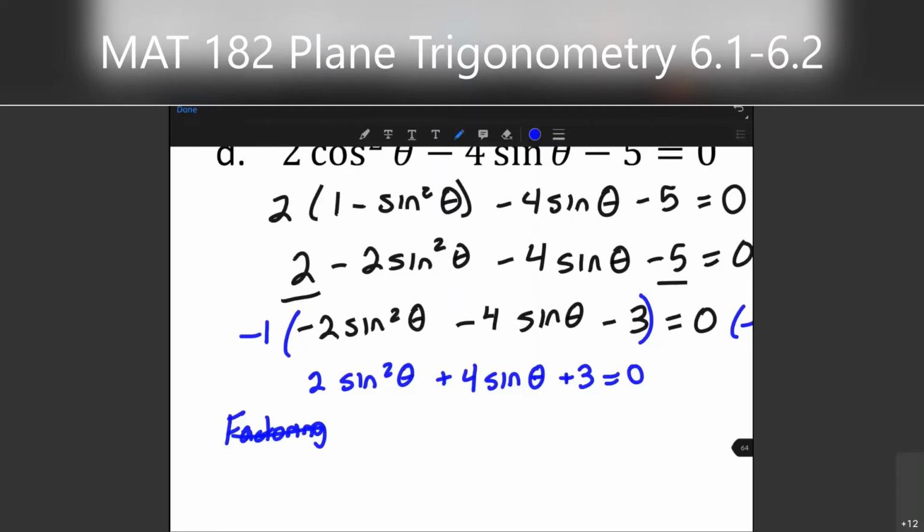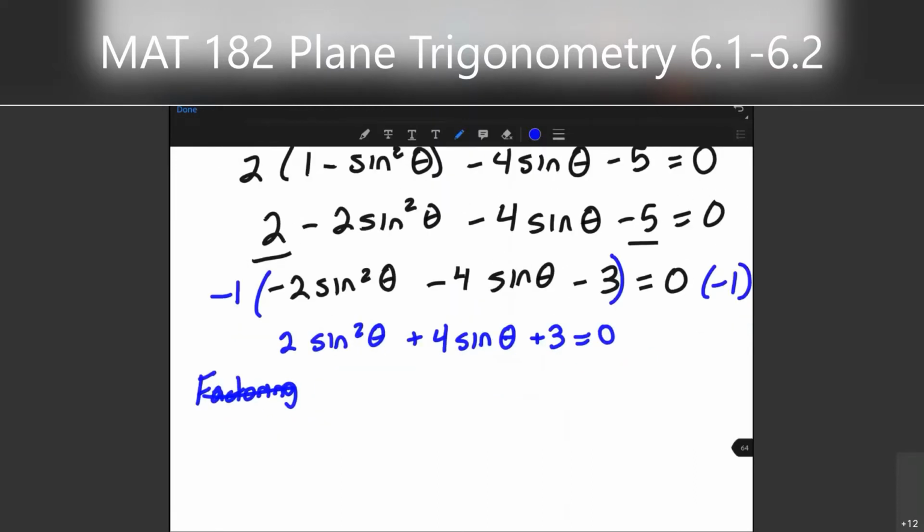So just to remind ourselves of the quadratic formula, if we set, say, x equal to sine of theta, just to simplify the equation, we could say that this is 2x squared plus 4x plus 3.